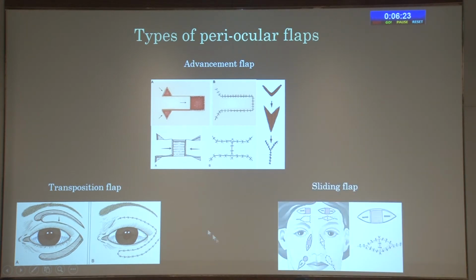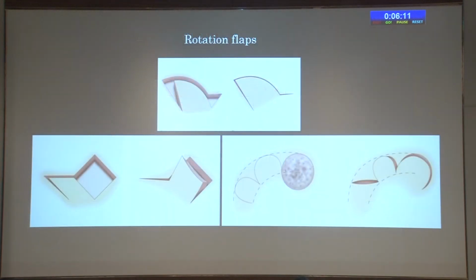Or there are sliding flaps where it is detached completely from the surrounding tissue, but it still maintains connection to the underlying muscle, and it's slid into the defect and closed. There are rotation flaps in which the adjacent tissue is rotated into the area of the defect. This is a rhomboid flap which is rotated into the defect, and a bilobe flap.